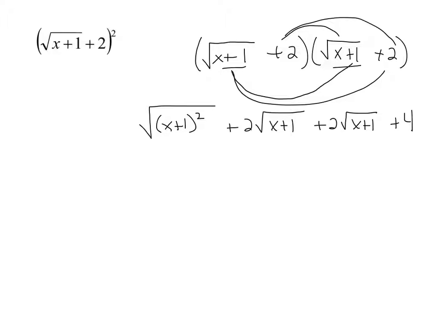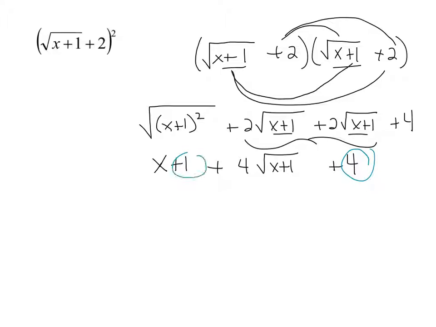So this, like we said, the square root of a square cancel out from like the very first section. So that's x plus 1. These two are like radicals, a little more complicated radicals, but they're still x plus 1. So that's 4 radical x plus 1 plus 4. So the only other thing we can really combine are the numbers here.